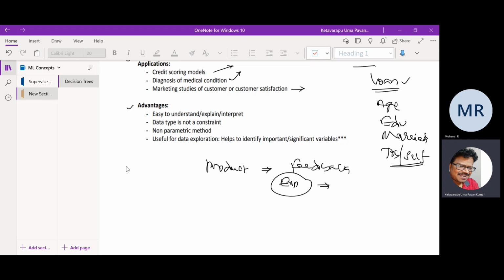Is there any suggestion, or how is the product? And do you want to come again, or else do you want to make use of the offers we are giving? All these kind of things. So finally, after taking the feedback, there should be a kind of outcome, friends. Outcome in the sense whether that customer is satisfied or whether the customer is interested to come back to our store again or not. So these kind of use cases or applications are pretty straightforward in terms of decision trees.